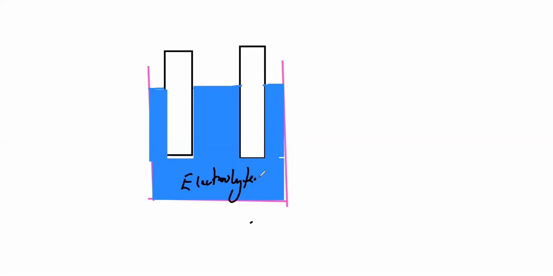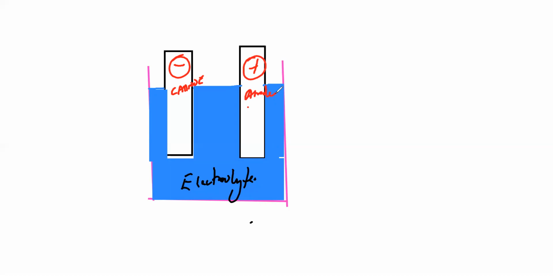Let this be a cathode, the left side, the negative one. The negative electrode is called the cathode. Let this be the positive one, the anode. The positive one is the anode and the negative one is the cathode.